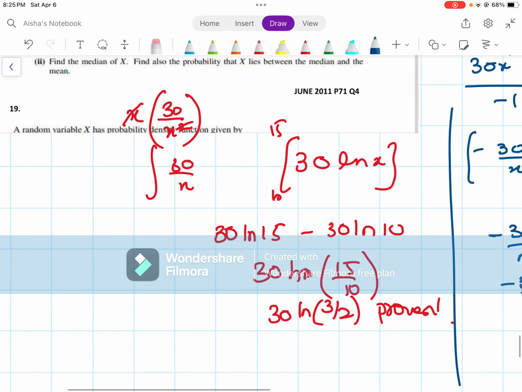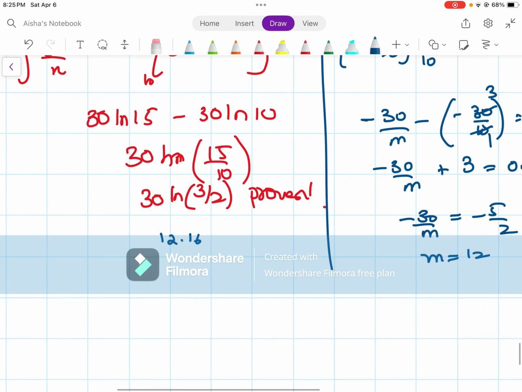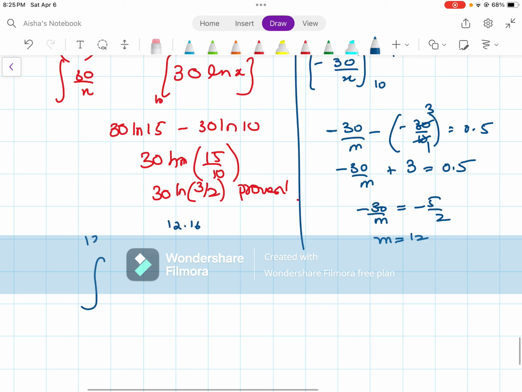Now they're saying it lies between the median and the expectation. What is the expectation? Median and expectation.